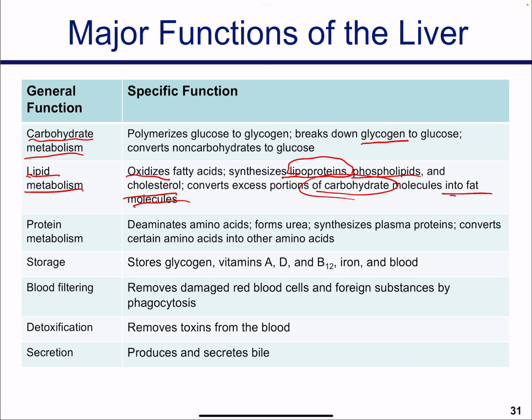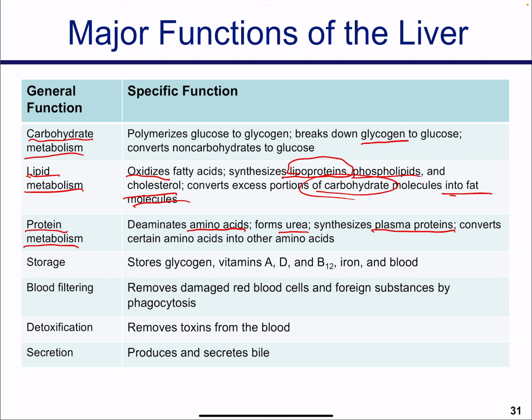Then you have protein metabolism. The liver actually does deamination of amino acid. That deamination is going to cause the production of urea. That urea is actually released in the urine. Okay? The liver also produces plasma proteins. You remember the plasma proteins from the previous module, right?